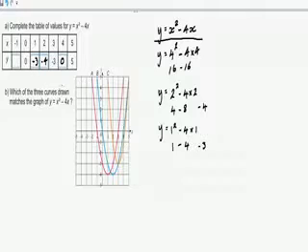Now if we just look at these numbers, we've got 5, then 0, then minus 3, then minus 4, then minus 3 again, and then 0.